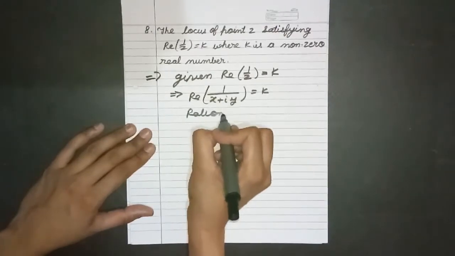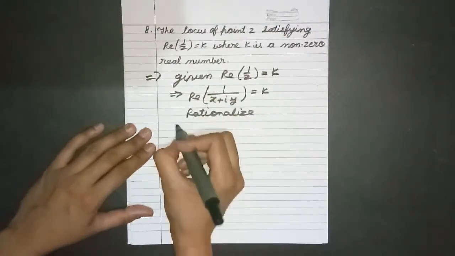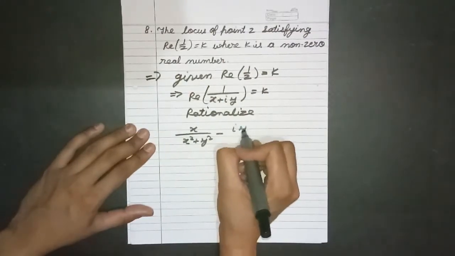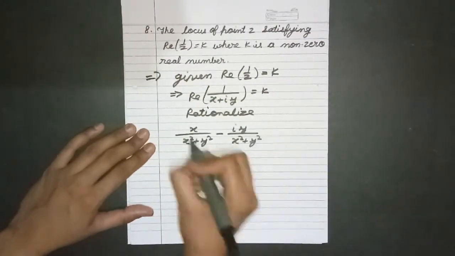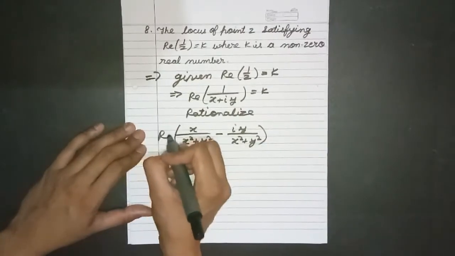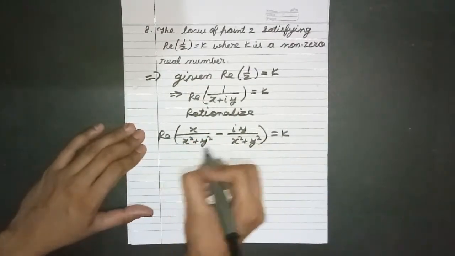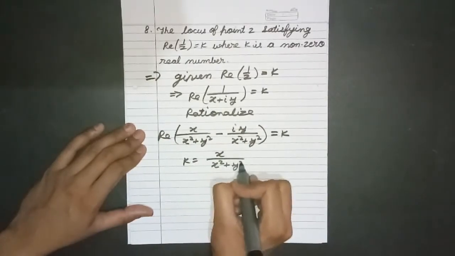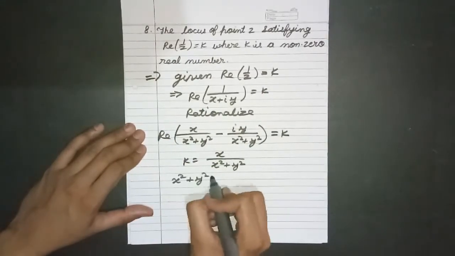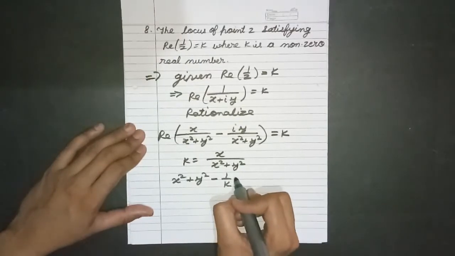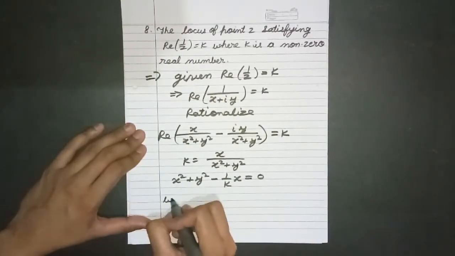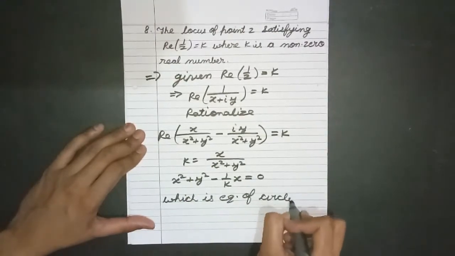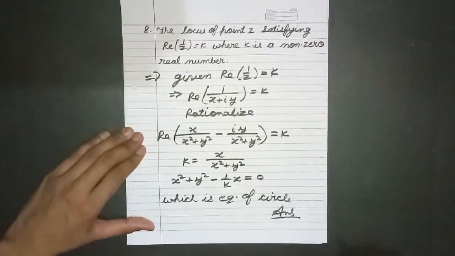Now rationalize this complex number, we get real part x by x square plus y square minus iota y by x square plus y square, equal to k. So from here the real part k is equal to x by x square plus y square. Now x square plus y square minus 1 by k x is equal to 0, which is the equation of a circle. So this is the locus.